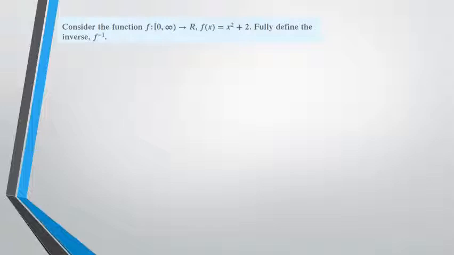Alright, consider a function, and fully define the inverse of that. So now, if we drew a graph of this, it goes from 0 to infinity, it's plus 2, so it looks like that.